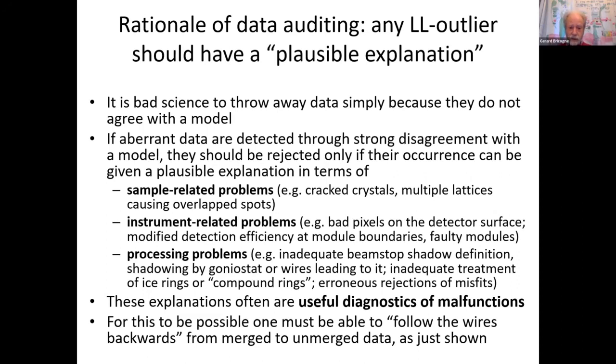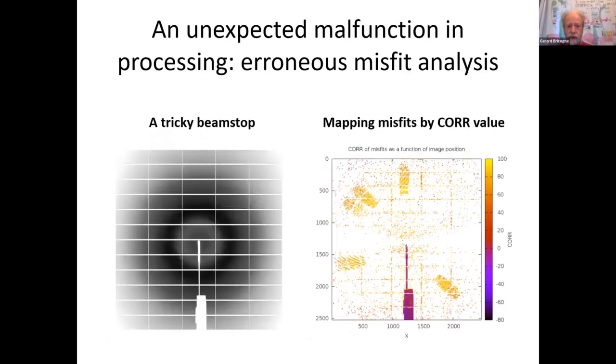So what is essential here is to be able to follow the wires backwards from merged to unmerged data. Another source of rogue data can be the handling of misfits. I don't have time to cover this.